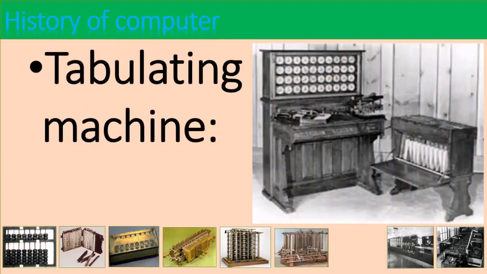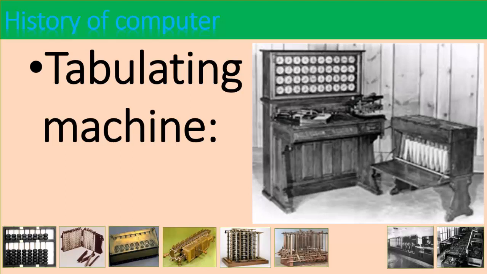The next one, students, is the tabulating machine. Students, the tabulating machine was invented in the 1890s by Herman Hollerith, an American statistician. It was a mechanical tabulator based on punch cards.